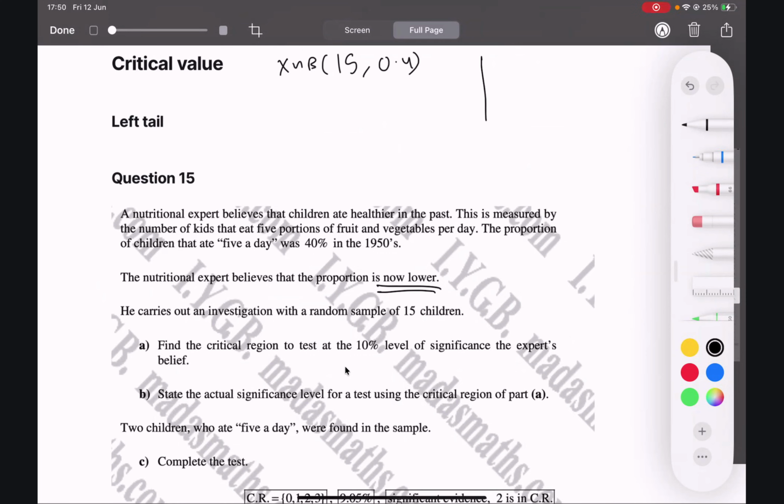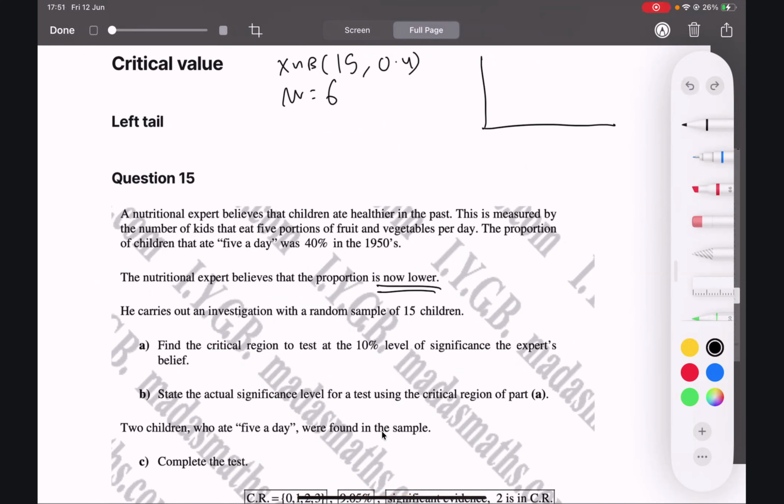So if I was to do a sketch straight away, my mean is 15 times 0.4, which is 6. But we don't have a test statistic. That's the difference. There's nowhere in this that says a test statistic.